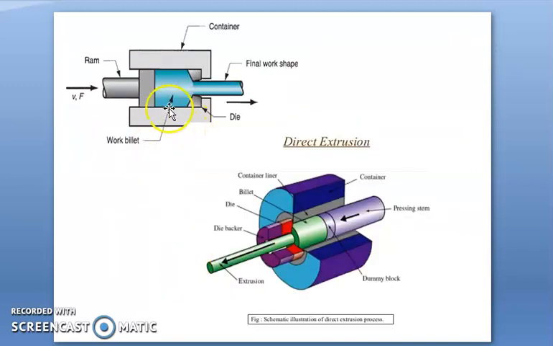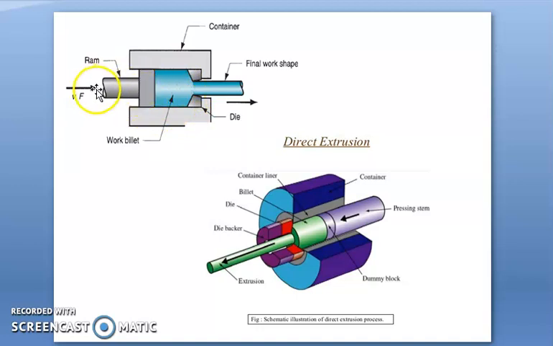See here, a 2D diagram of the extrusion process. Surrounding, we have the cylindrical container. Inside this we have the work billet, that is hot metal, and here we have the ram.